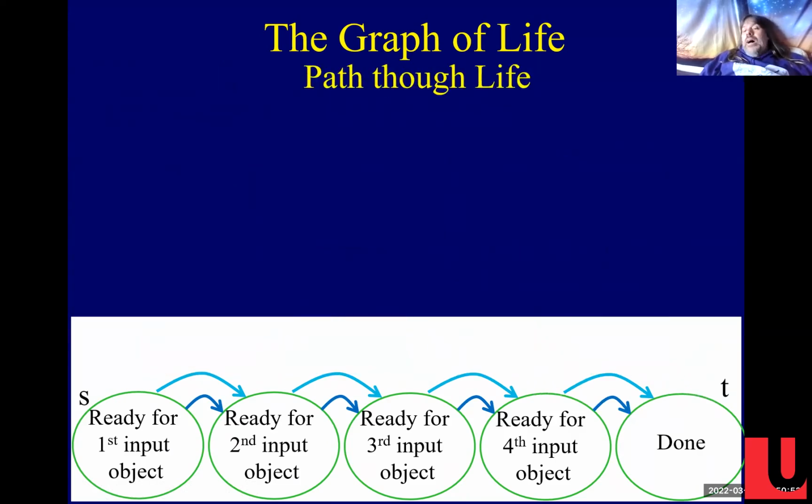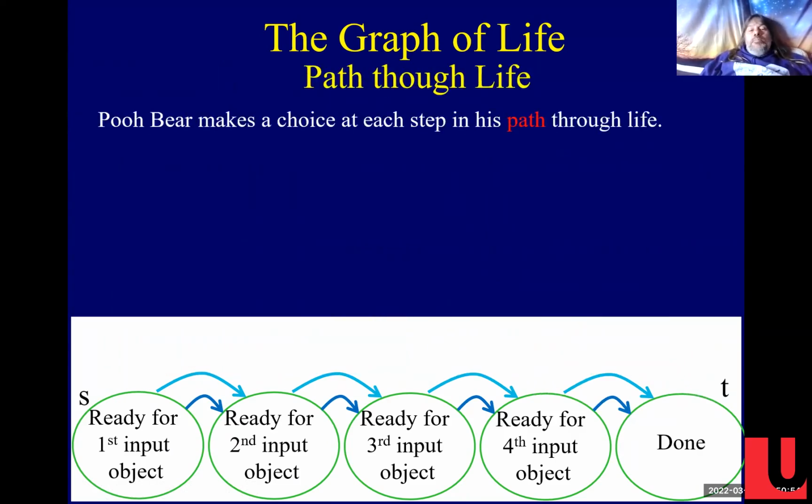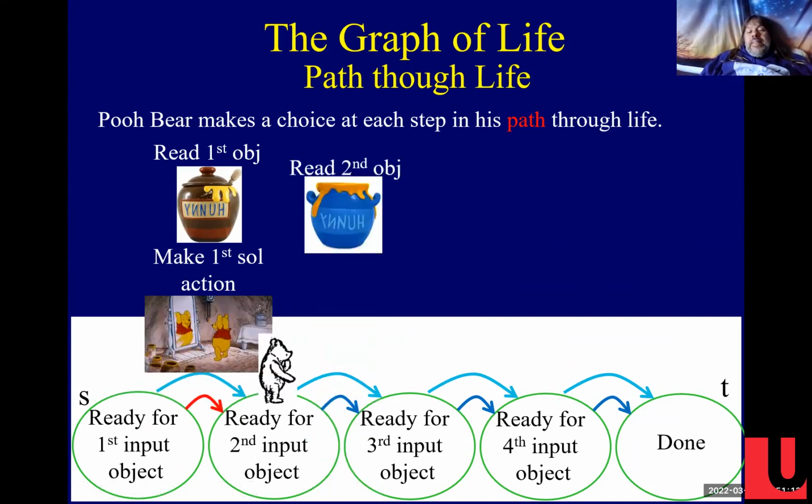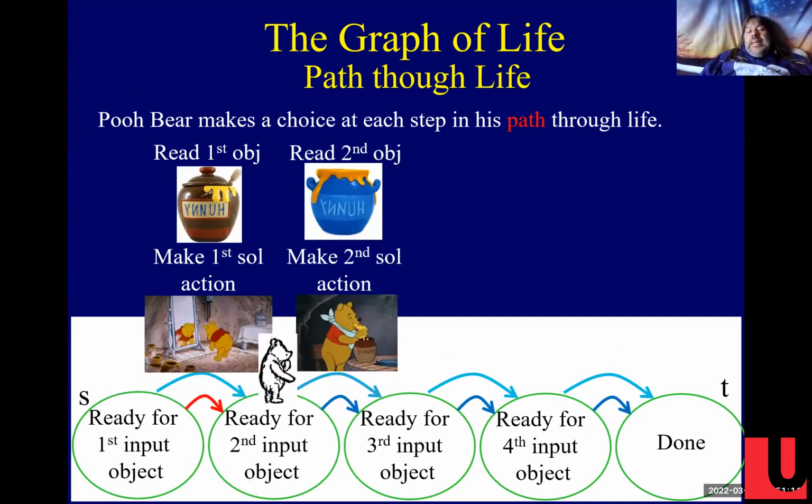All right, so now, really, as you're going through life, at each point, Pooh Bear makes his decision, right? Here he decides to take the healthy choice. So he's following the dark blue edge, right? And then he decides to eat.